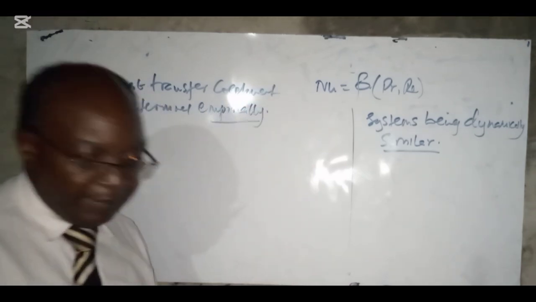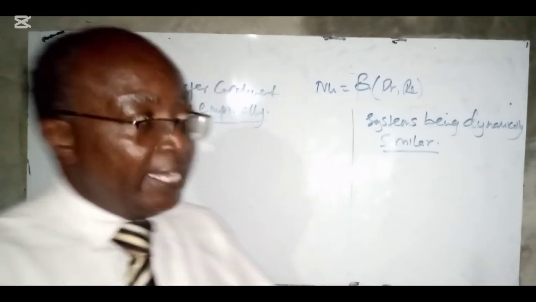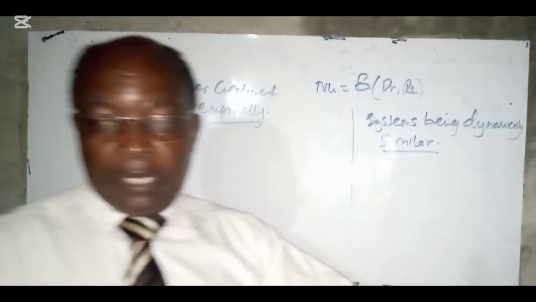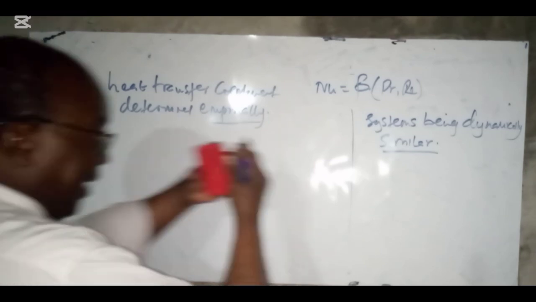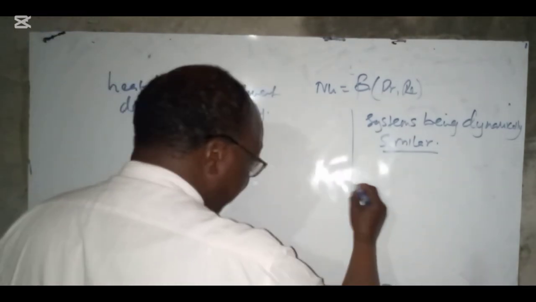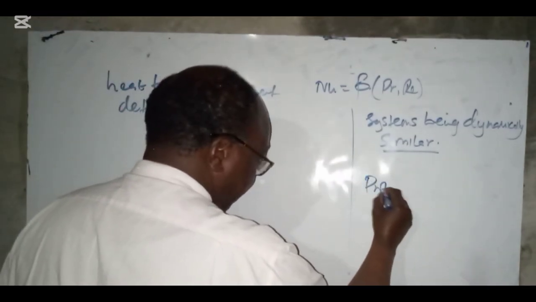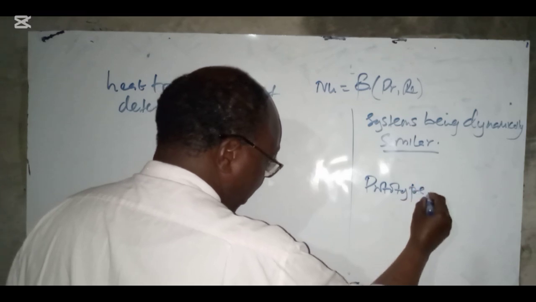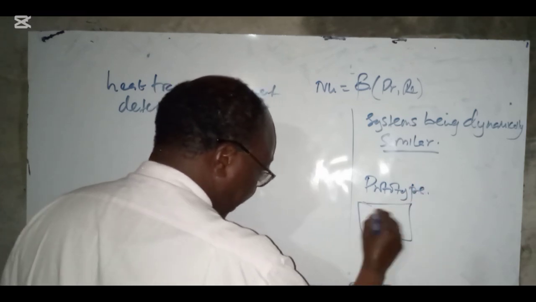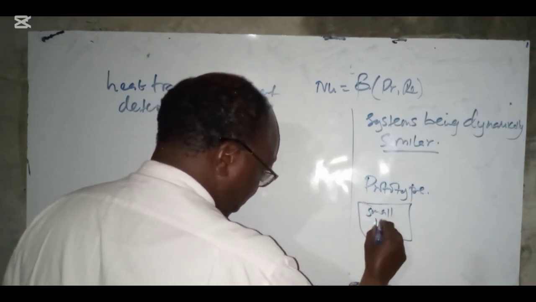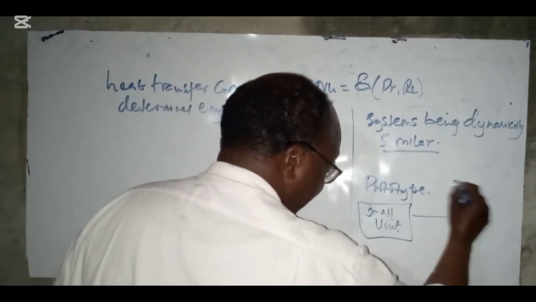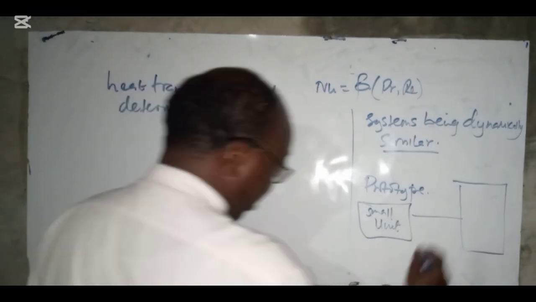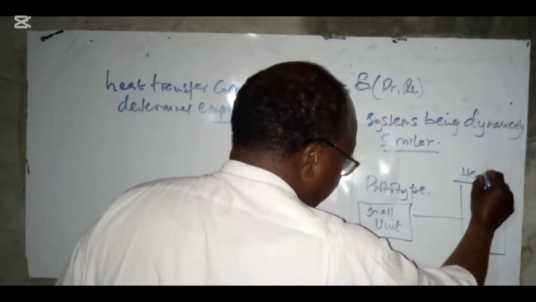And so when you can determine some of these things empirically, if you know that they're dynamically similar, then you can extrapolate the values. For example, you can have your prototype, which is a very small unit, but you want to translate it to account for the behavior of a huge unit, for example, a heat exchanger.